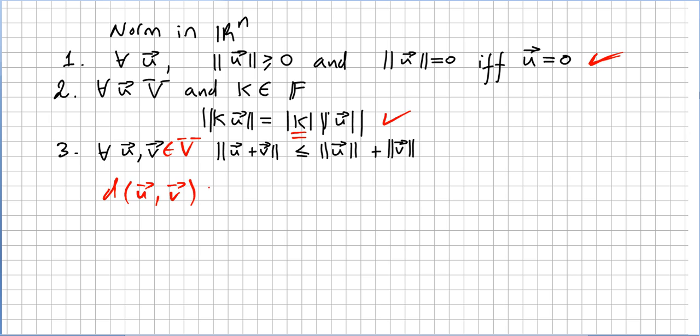So in the previous videos we introduced the concept of distance in a vector space, and we said that the distance between two vectors is defined as, at the end of the day, the norm of u minus v. So we have a vector u, a vector v, and the distance, this will be u minus v, the distance between the two vectors.